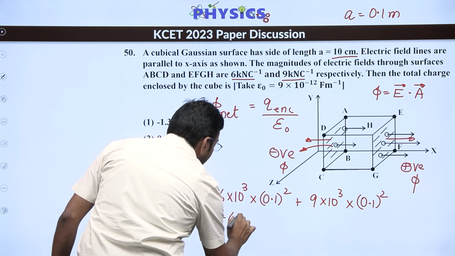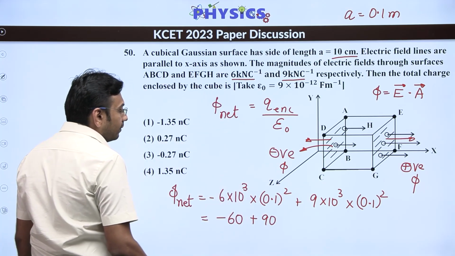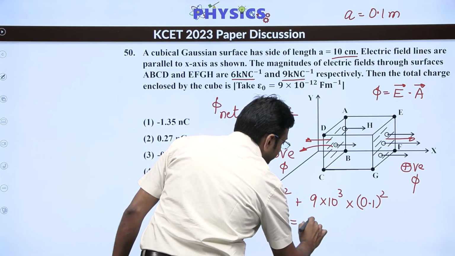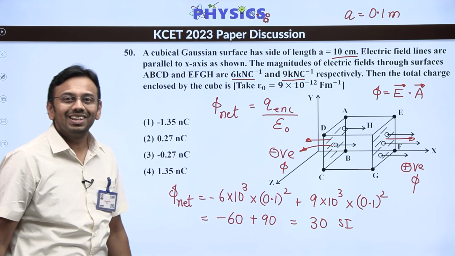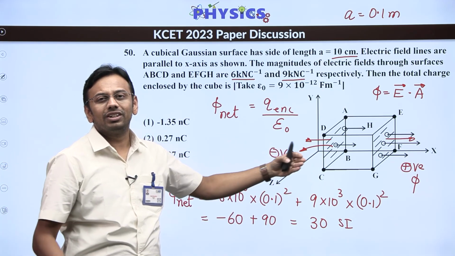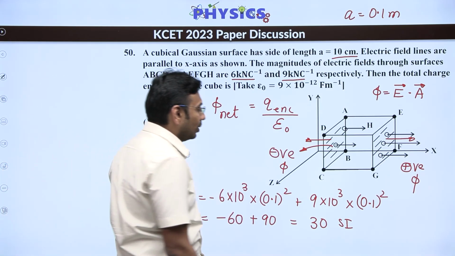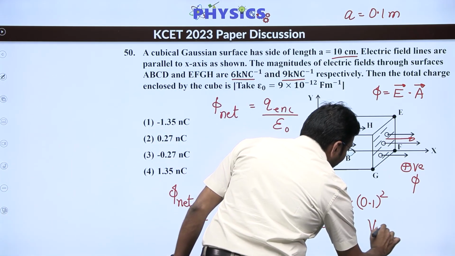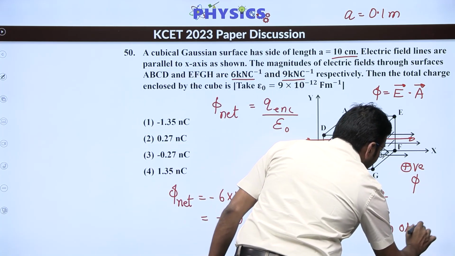So this will become minus 60 and that will become plus 90, and therefore the total flux becomes 30 SI units. We have converted everything into SI units. The SI unit is volt meter or newton meter square per coulomb.